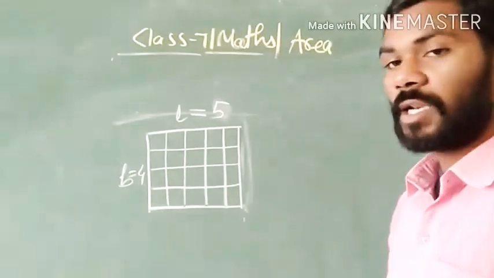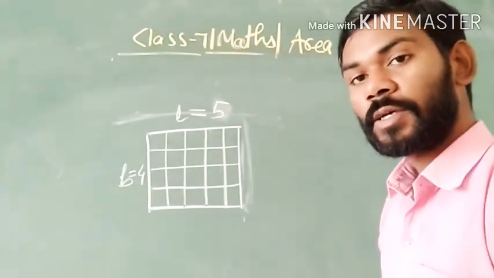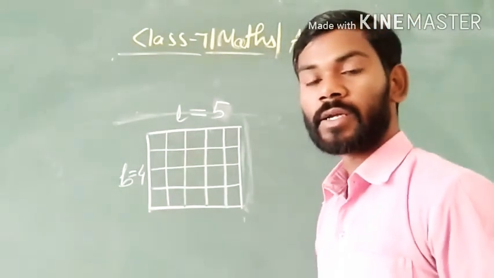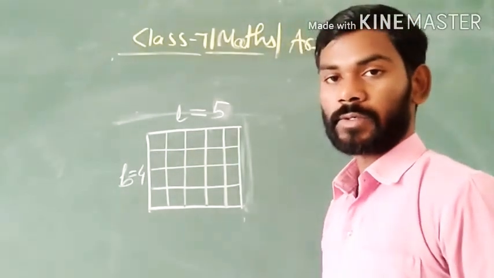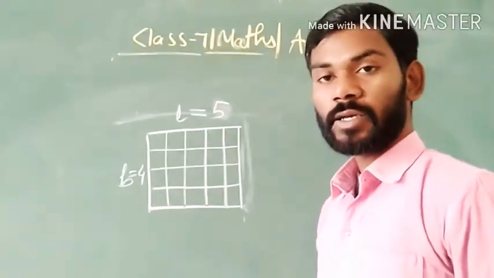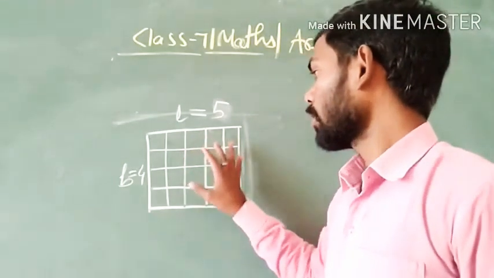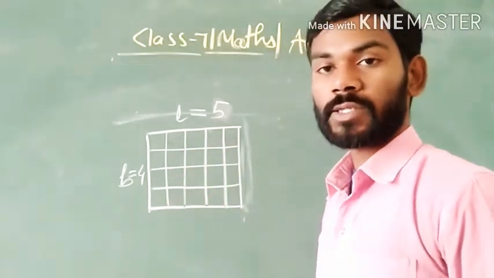That is, the length has been divided into 5 equal parts and the width is divided into 4 equal parts. Okay, and now we shall count all the small squares.